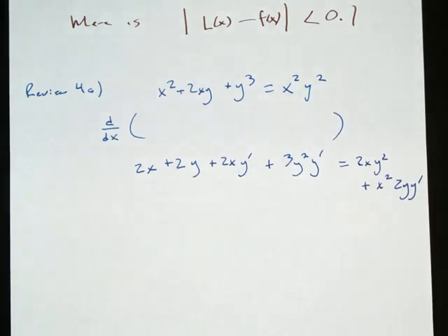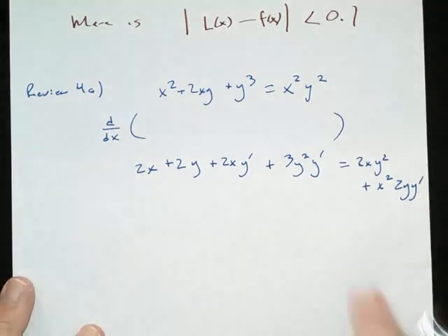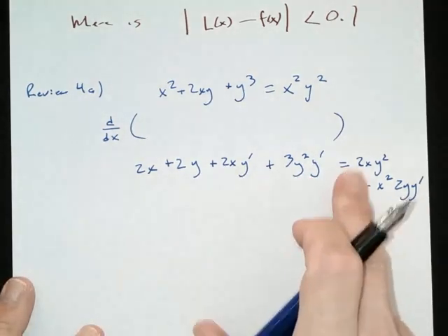You have a choice to make for me. Do the y prime stuff go on the right or the left? Okay, means I need to move these terms to the right. I need to do the term without the y prime to the left.